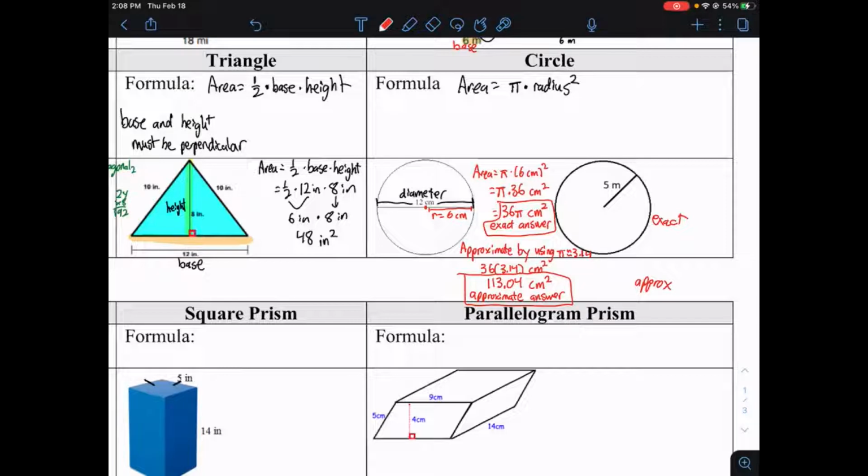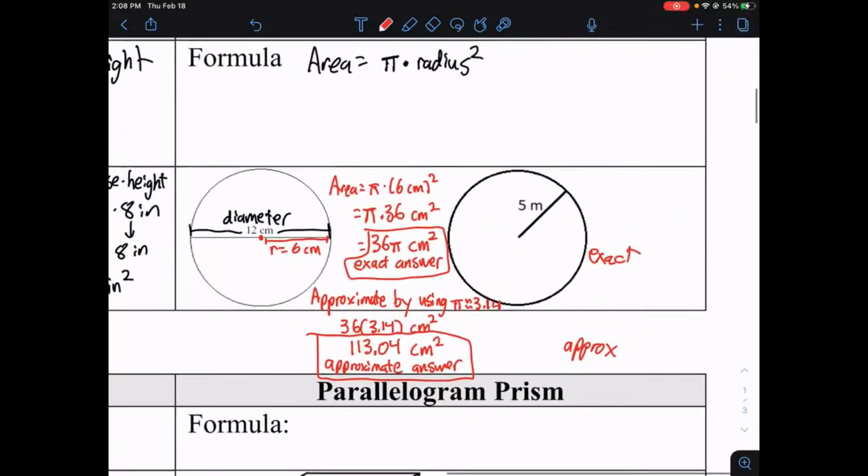Okay, so again, you're welcome to use a calculator for the approximation. You will be allowed a scientific calculator on your quizzes and tests. Okay, so this time they did give us the radius because it only goes to the center.